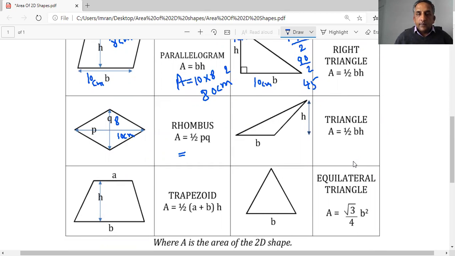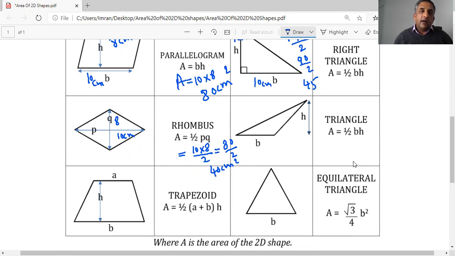So it will be 10 times 8 divided by 2. 10 times 8 is 80 divided by 2, which means 40 centimeter square, right?